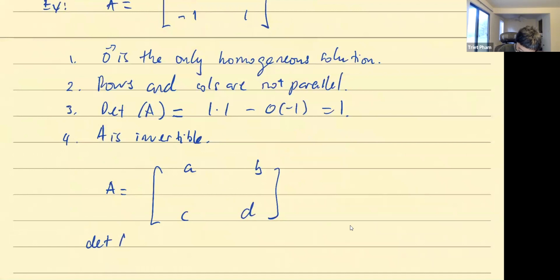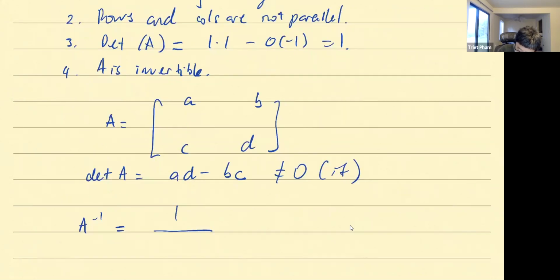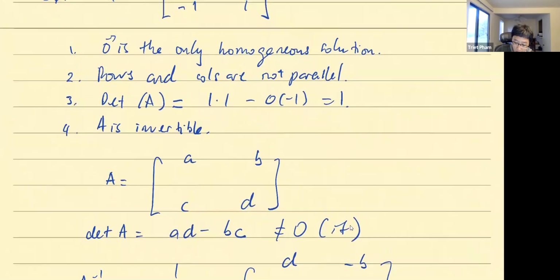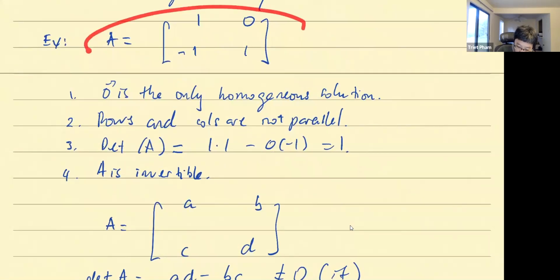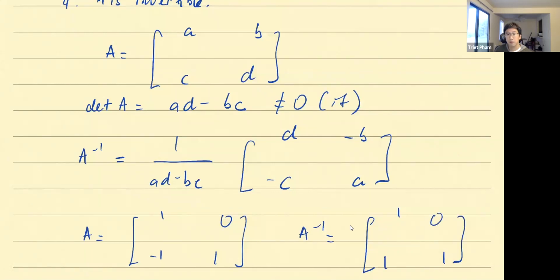Determinant of A is ad minus bc. Then, if it's non-zero, A inverse is 1 over the determinant times d, minus b, minus c, a. So you can write down A inverse pretty easily for this case. A is 1, 0, minus 1, 1. A inverse is 1, 0, 1, 1.